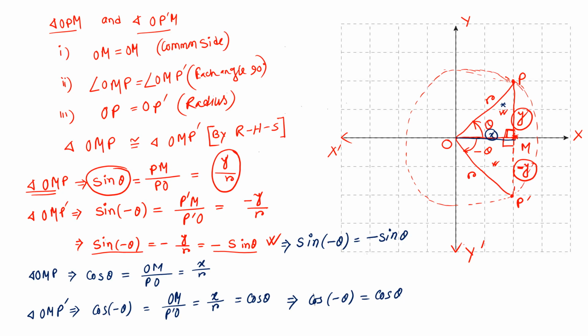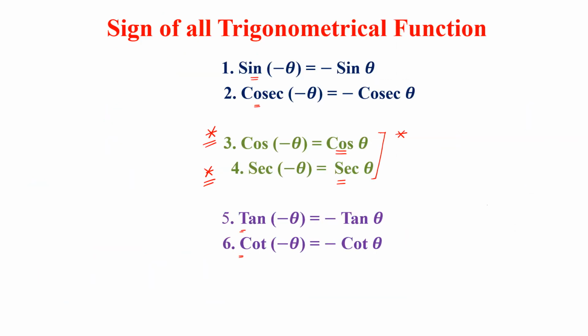Okay, now I am going to my previous slide for doing this. See, we have already proved that sine minus theta equals minus sine theta and cos minus theta equals cos theta, positive only. Now I will take about 3 minutes for explaining this.